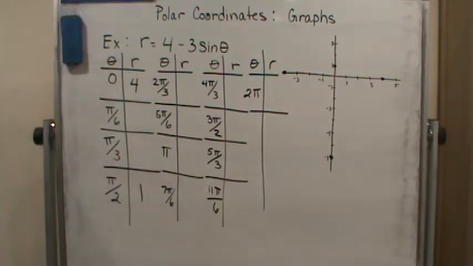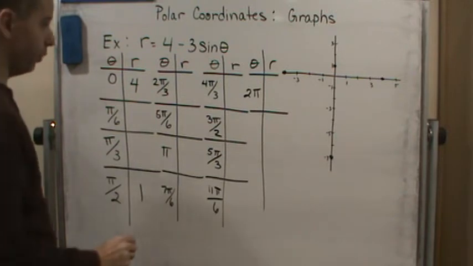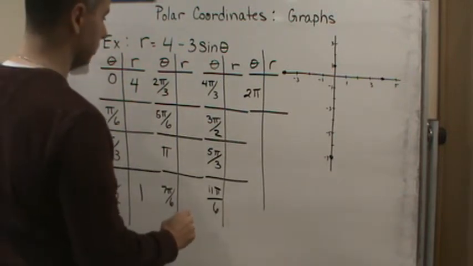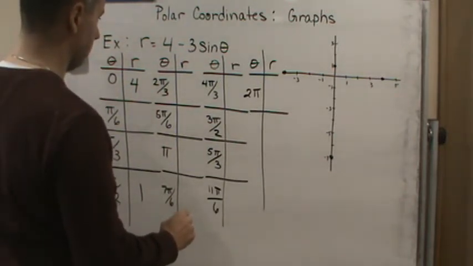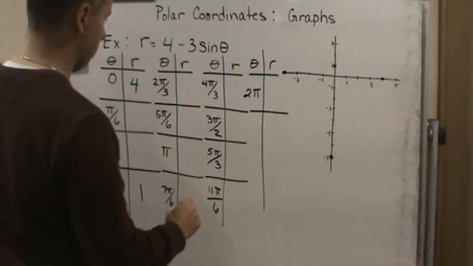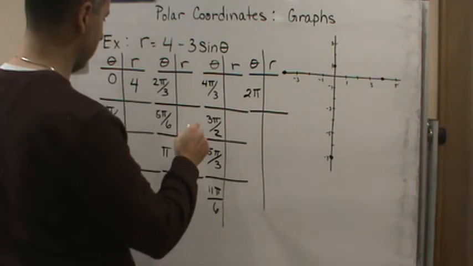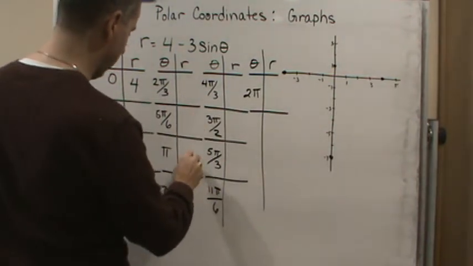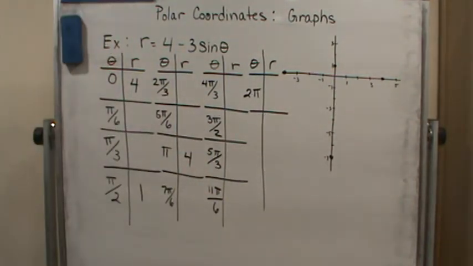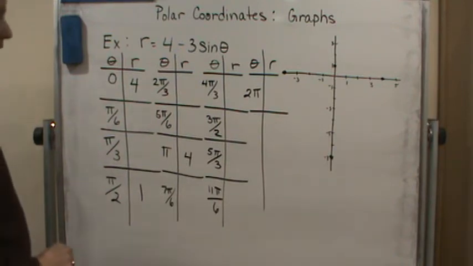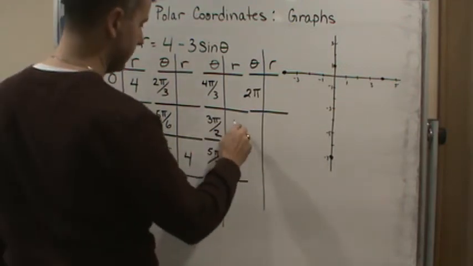And at pi, it's 4, rather. Pi is 4. And then at 3 pi over 2, it is 7.